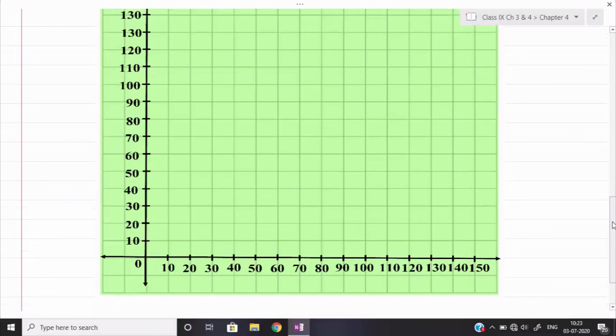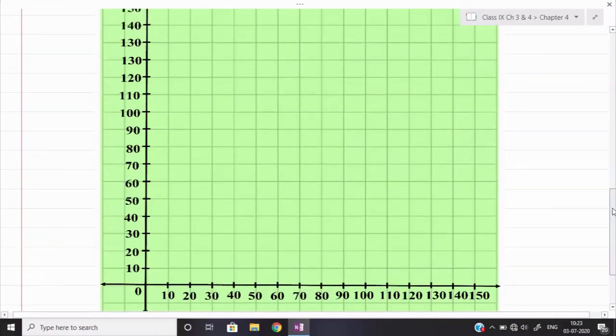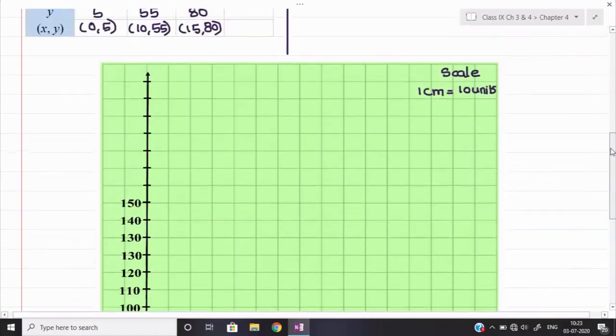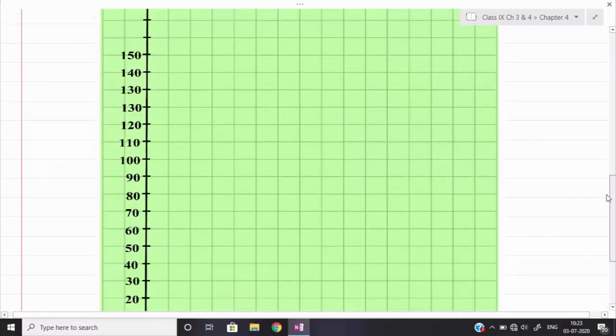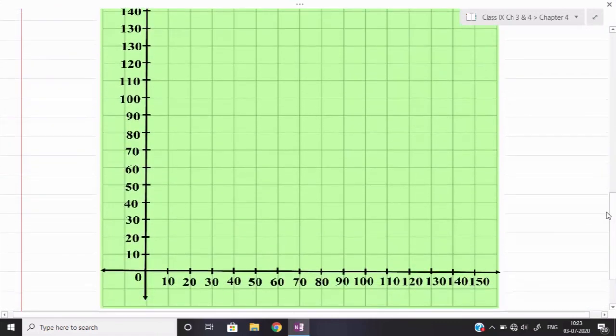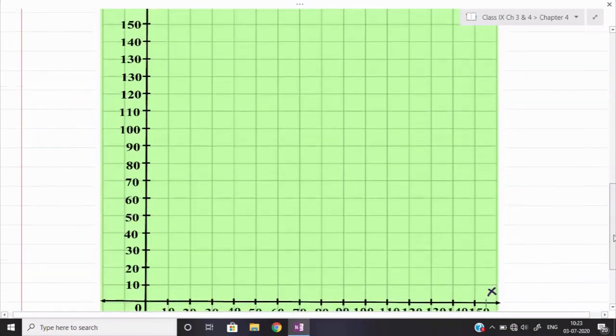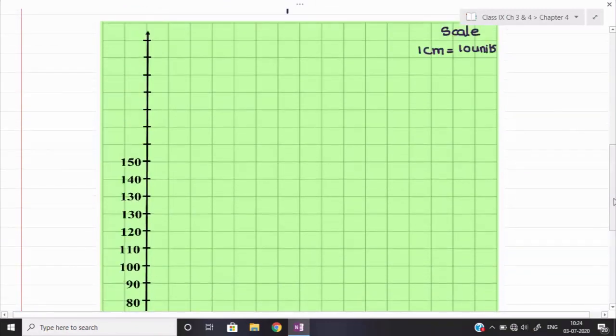Now first we shall plot point number 1. What is our first point? 0 comma 5 means the value of x is equal to 0. You can see this is my x axis and the vertical one is the y axis. Now we shall plot the first point 0 comma 5.